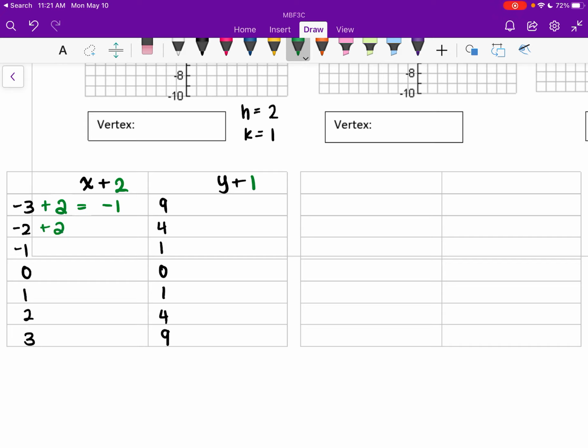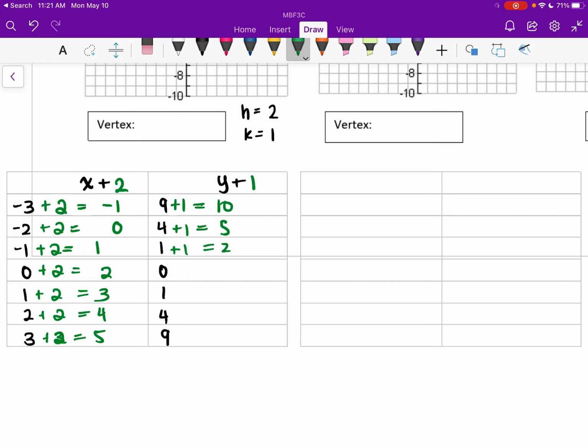Negative 2 plus 2 is going to give me 0. Negative 1 plus 2 is going to give me 1. Then I have 0 plus 2 is 2, 1 plus 2 is 3, 2 plus 2 is 4, and 3 plus 2 is 5. On this end, I'm going to add 1, so 9 plus 1 is 10, 4 plus 1 is 5, 1 plus 1 is 2.